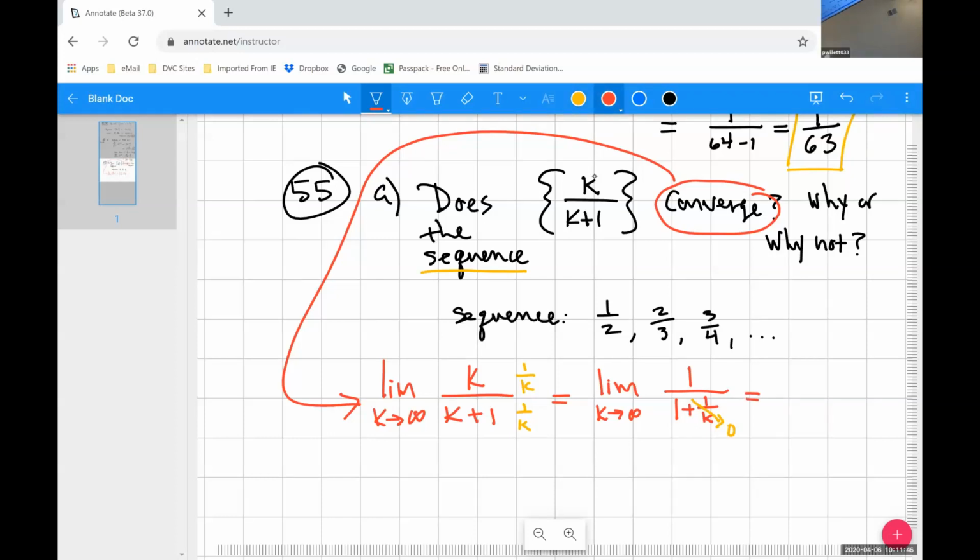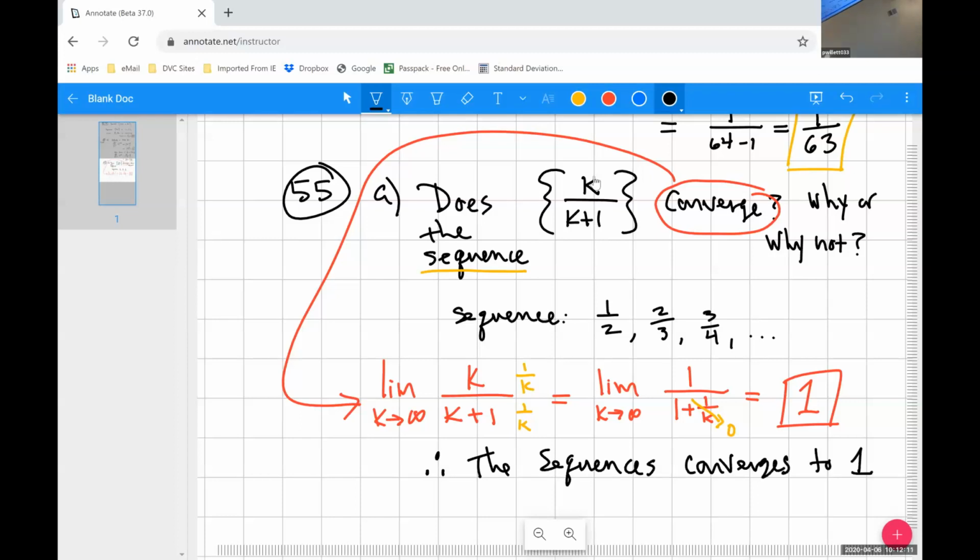And that means that we have the limit as k goes to infinity of 1. So the conclusion for this would be that the sequence converges to 1.